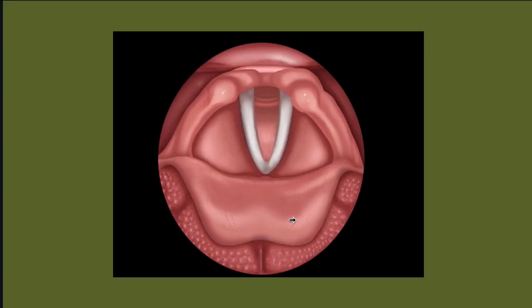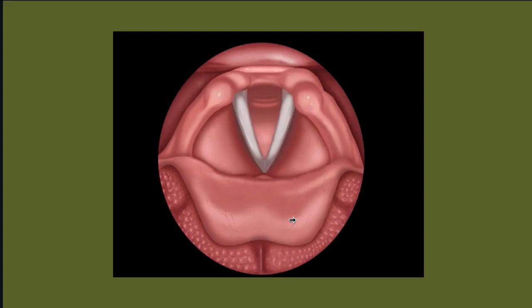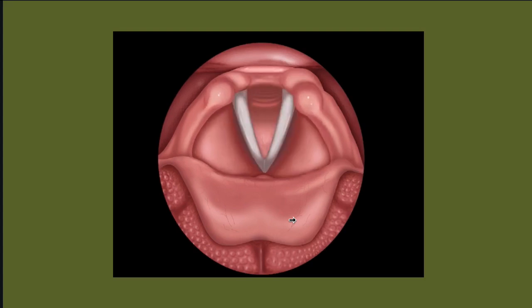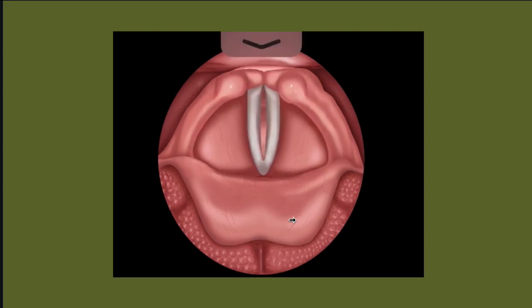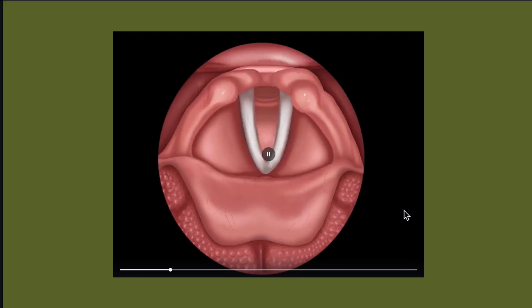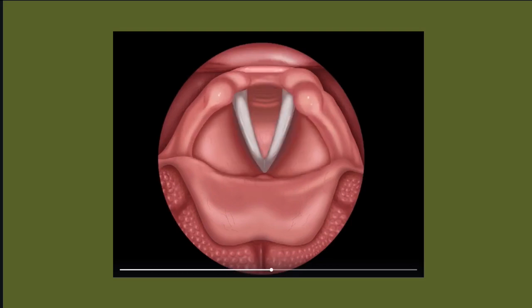Okay, so this is a visualization of the vocal folds during speech. When you speak or sing, these folds or cords come together and vibrate as air from your lungs is pushed through them. This vibration is what produces sound. You can imagine them working like the strings of a guitar.